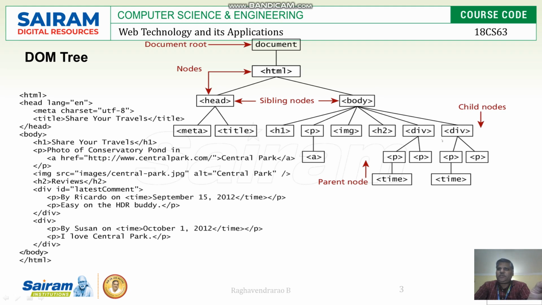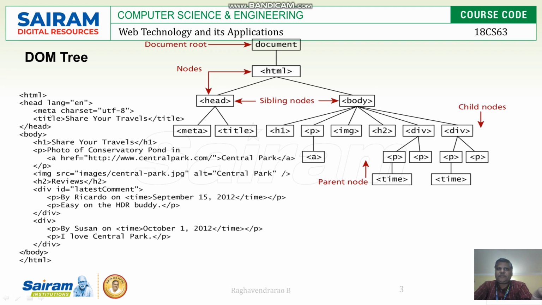Now here you can see that this is a program. It is the document tree, the DOM tree. This HTML program has been written with the HTML, head, title, metadata, and all these things. In this particular program, consider only the starting tags.